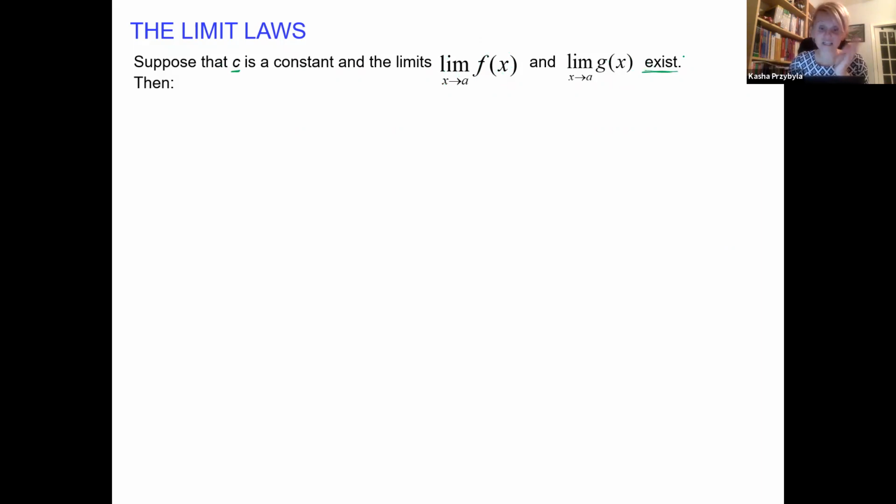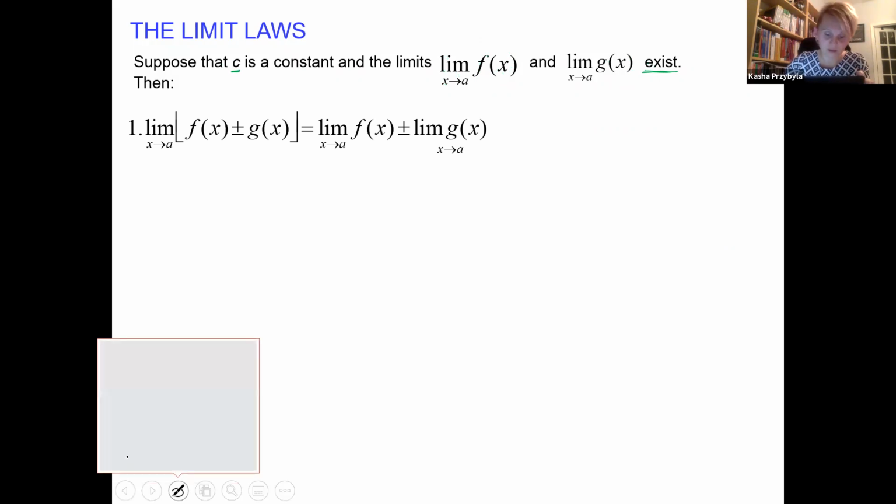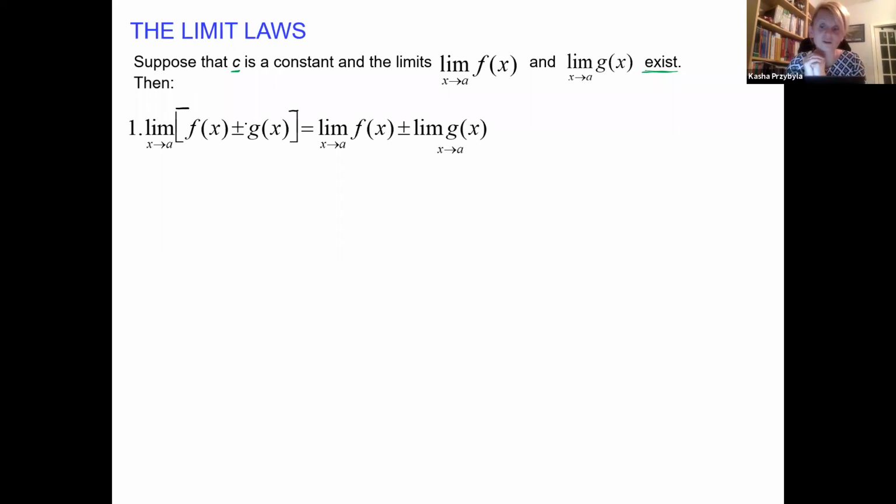The limit of the addition or subtraction of two functions is simply the addition or subtraction of the two limits. That means the limit of a sum is the sum of two limits, kind of like a distribution. If we have a limit of a constant, it's just the constant.